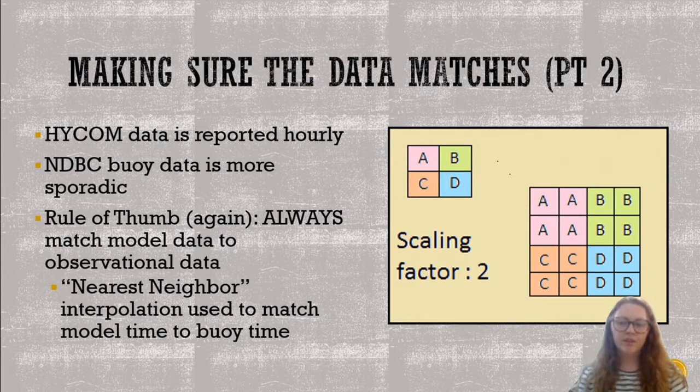The nearest neighbor interpolation finds the closest time to 11:45, which is 12, and returns the HYCOM temperature that was reported at the closest time match. That is then the temperature that we use to add to our time series and to use for our entire system.